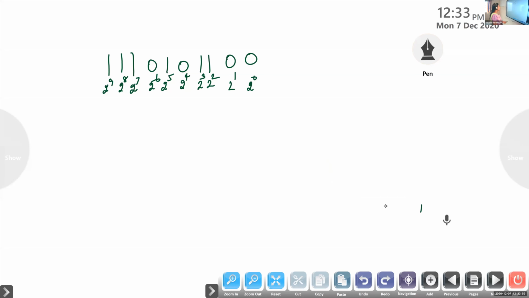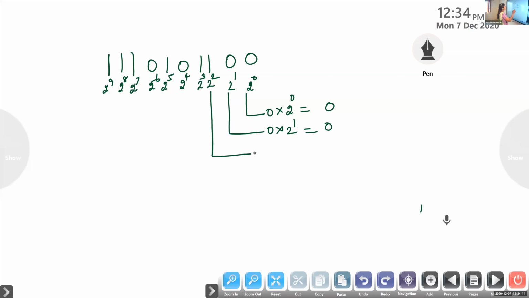Here the base is 2. So when you write this, 0 into 2 raised to 0, which is 0. Then 0 into 2 raised to 1, which is again 0. Then 1 into 2 square, 1 into 4, which is 4. 1 into 2 cube, which is 8.